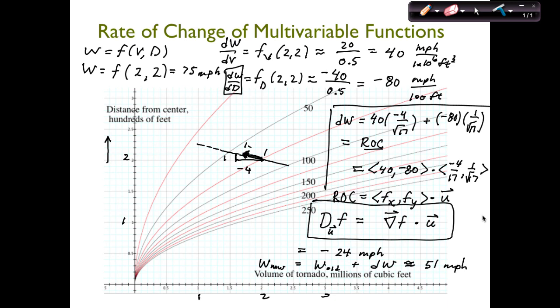So what have I allowed for now? What I'm figuring out now is any rate of change for any proportion of two changes taken together of our independent variable, in this case, volume and distance. So this is called the directional derivative.